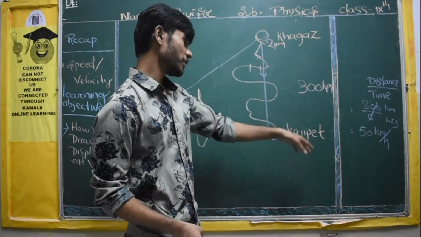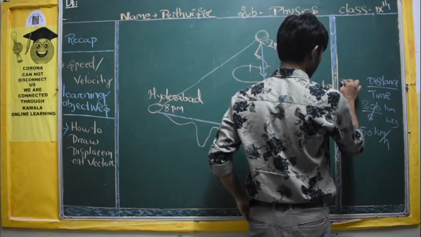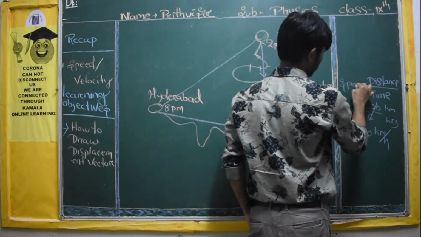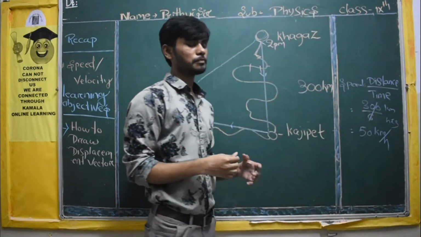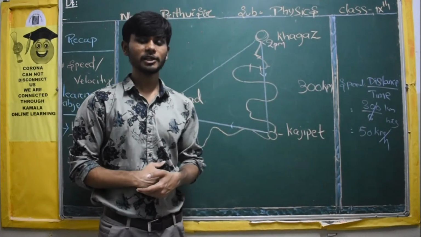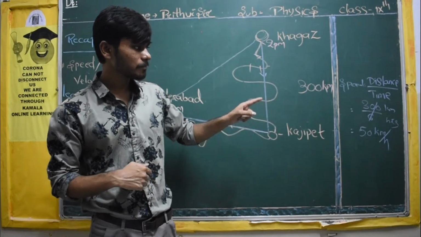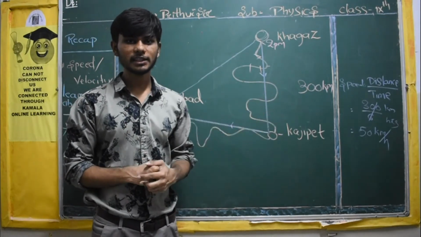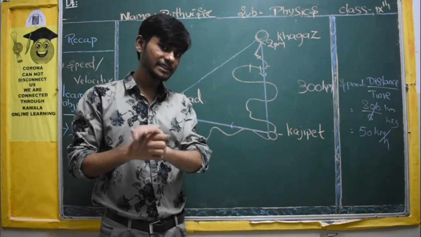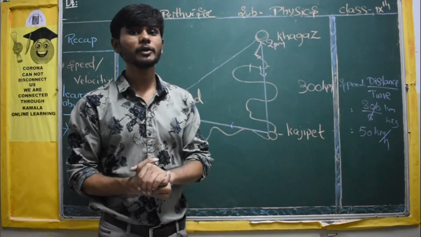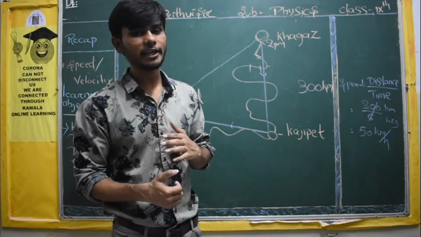So the speed of the train is 50 km per hour. Then what he is saying is, per hour the train travels 50 km. Is it true in reality? No, it can never be true, because in each hour it never covered exactly 50 km.